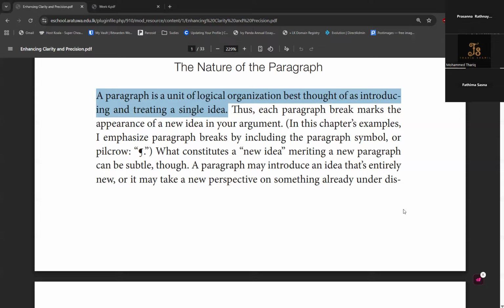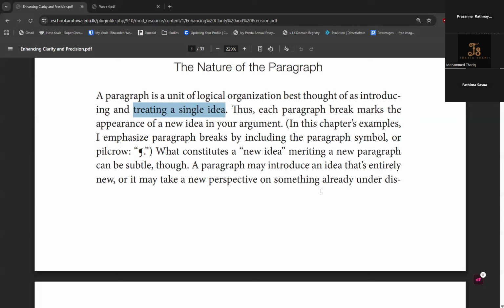You told something. Tariq, what did you understand by this highlighted single unit? A paragraph introduces a single idea. Well, I love that idea. You see, single idea. One paragraph is all about a single idea.